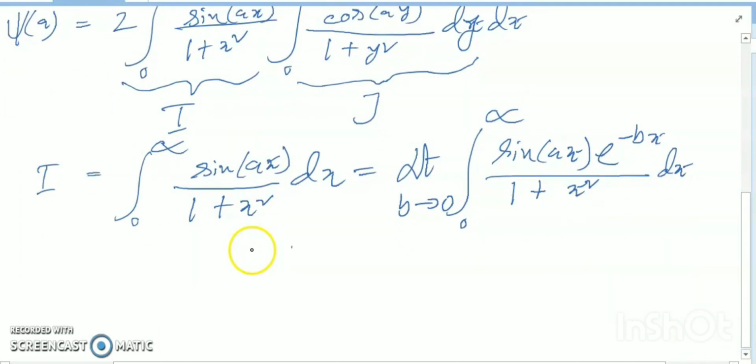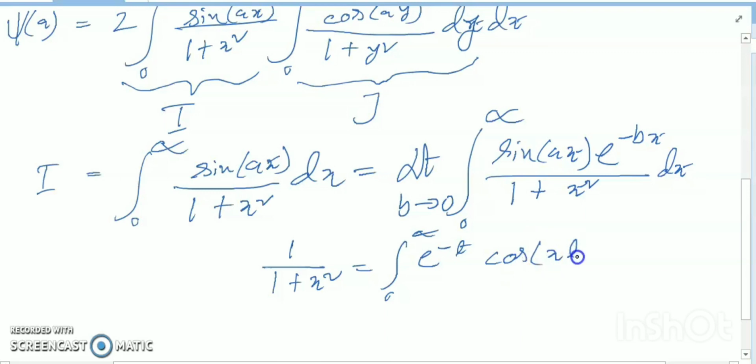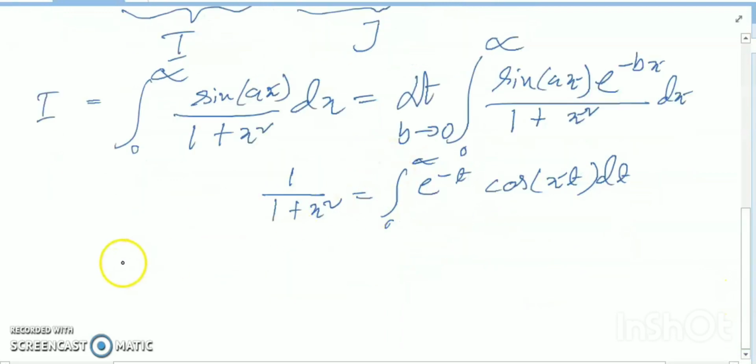So friends, we know that 1 by 1 plus x square equals the integral from 0 to infinity of e to the power minus t cos xt dt. So I can apply this in here.